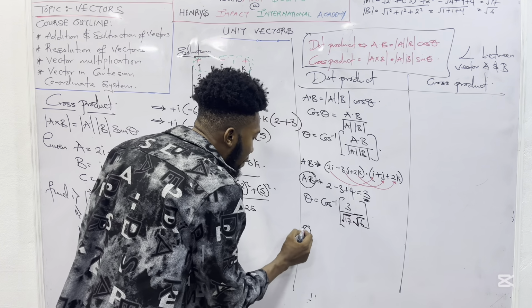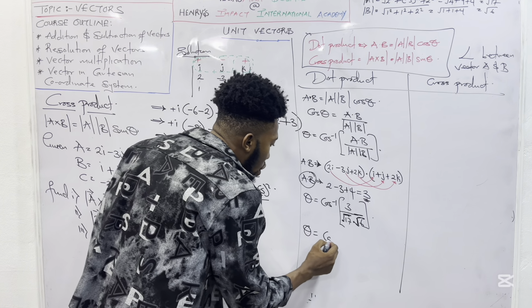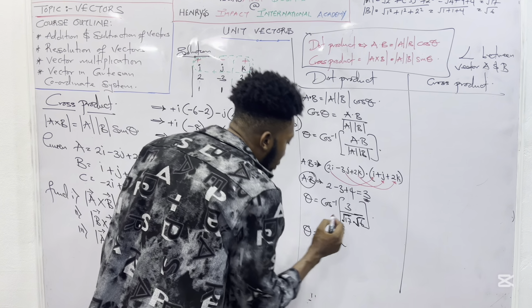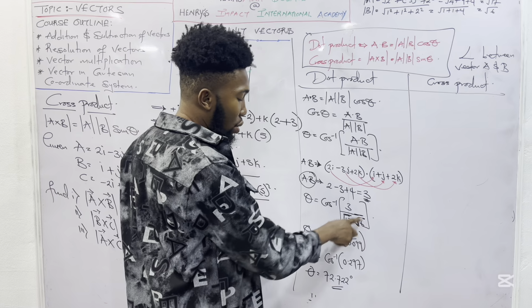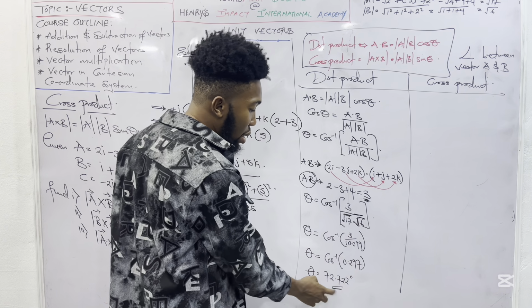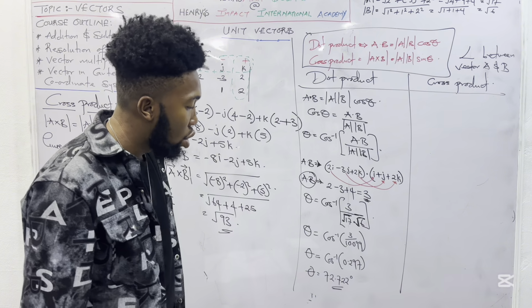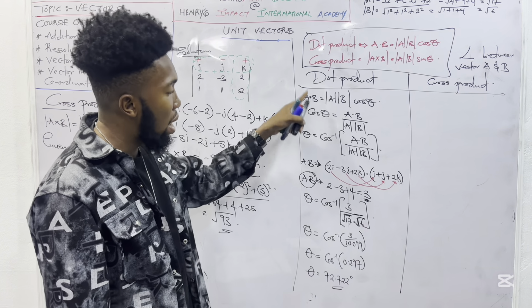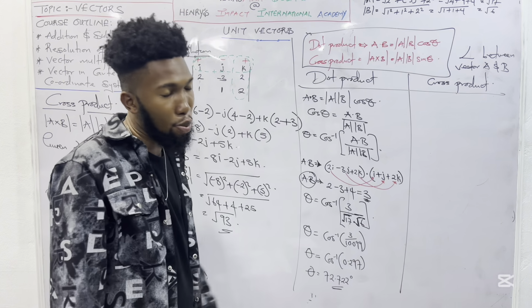So when you punch this into the calculator and divide, that gives us 72.72 degrees. It means the angle between vector A and B based on dot product is 72.72 degrees.